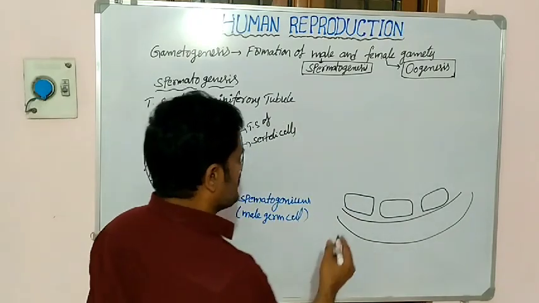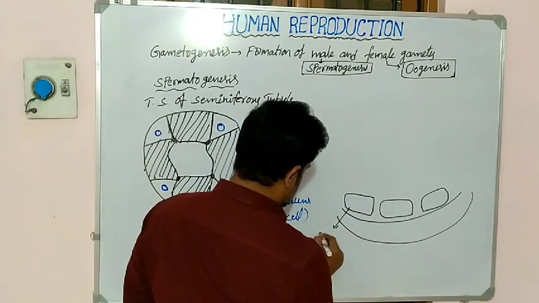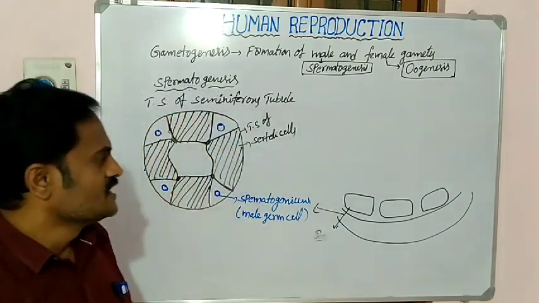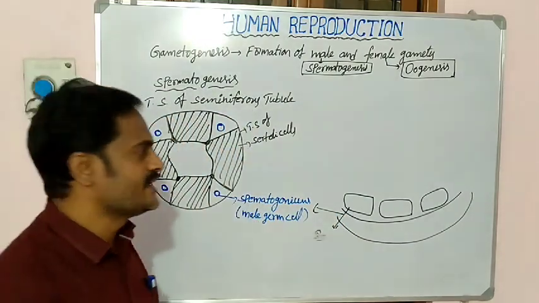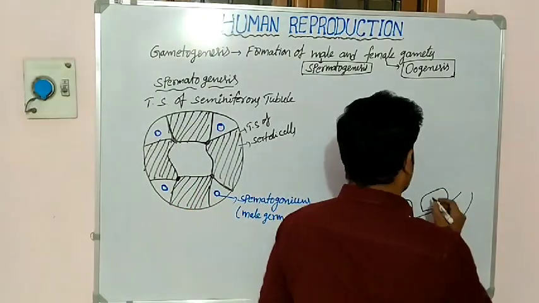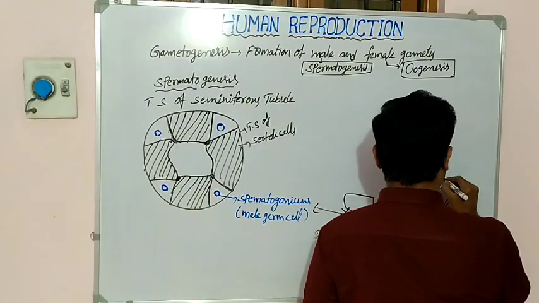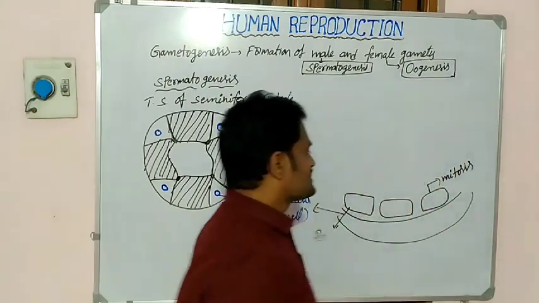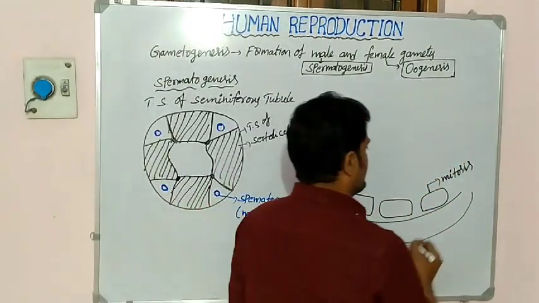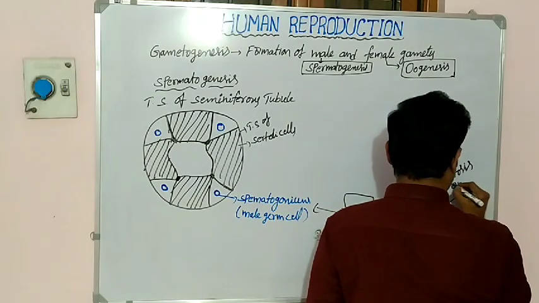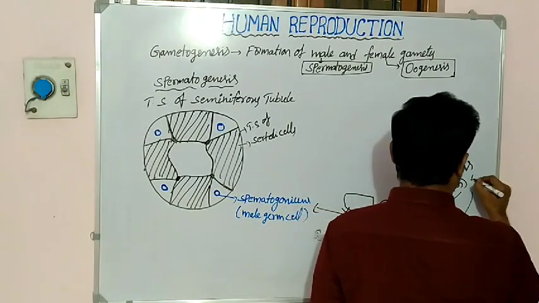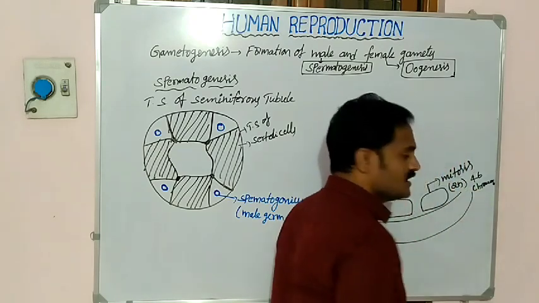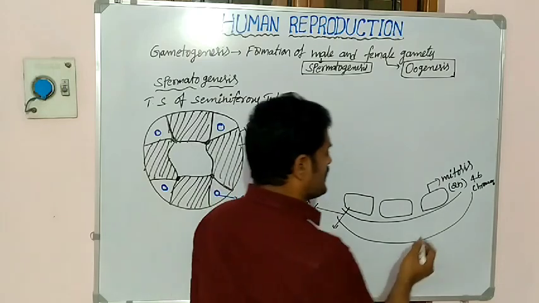So, the spermatogonium cell participates in mitosis. The spermatogonium is in the 2n condition, which means 46 chromosomes are present.